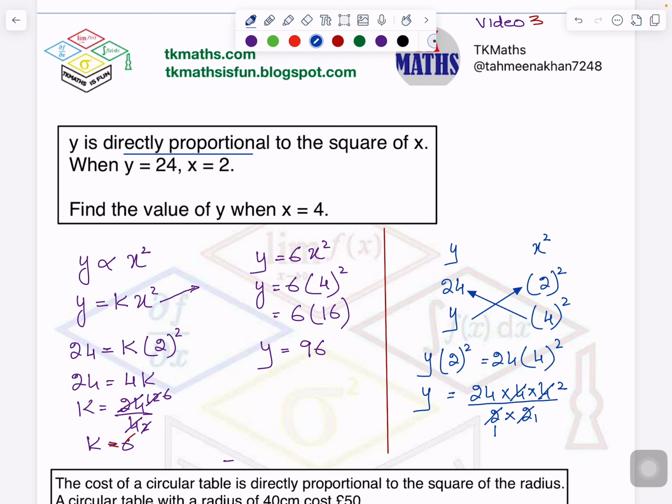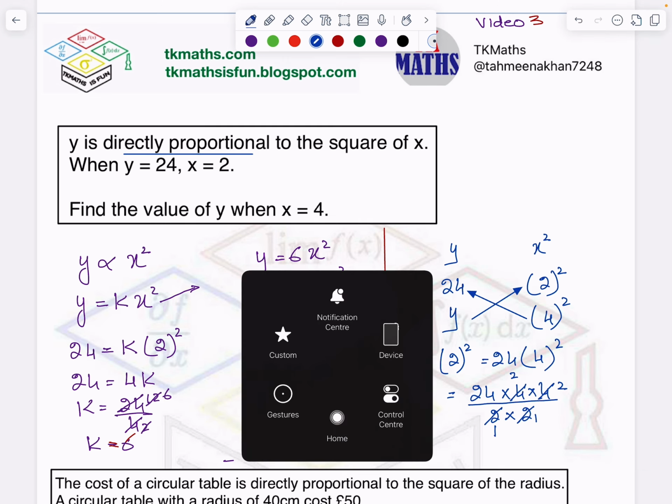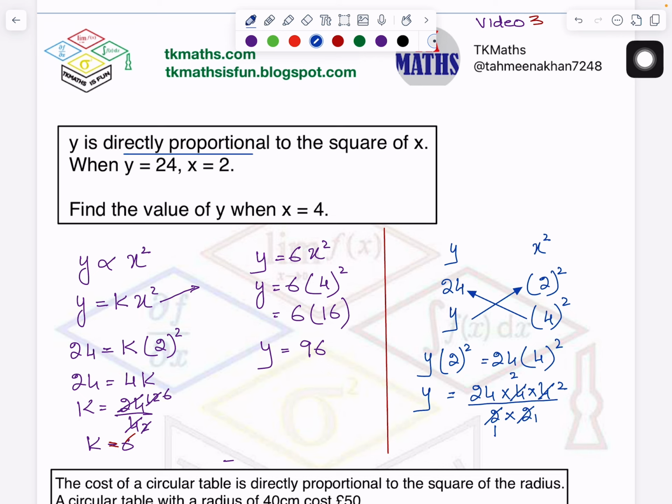Similarly here, and then it is easy. 24 times 4, you can calculate this, or do it like this, because 2 times 2 is 4, so 24 times 4 is 96.